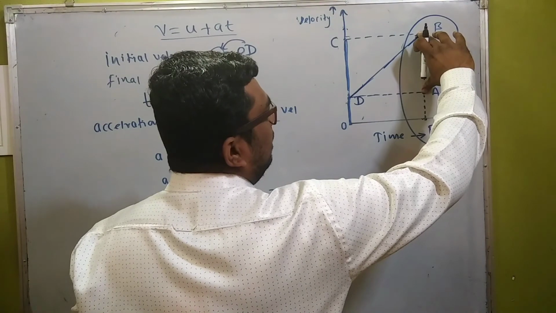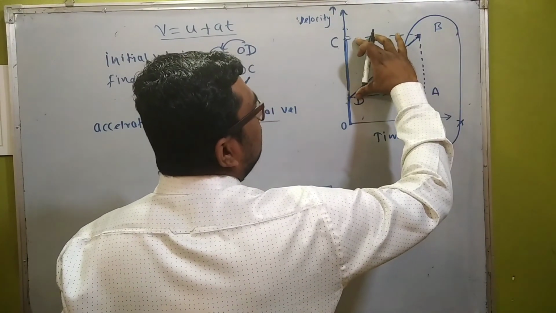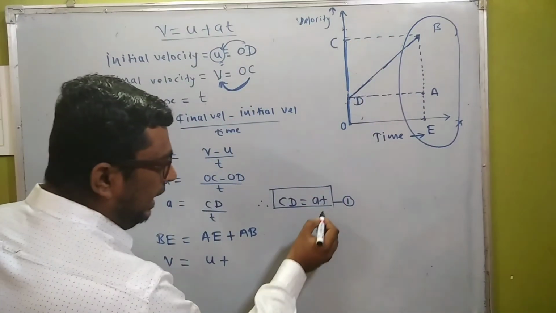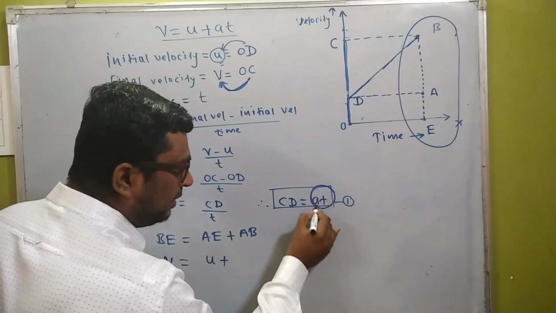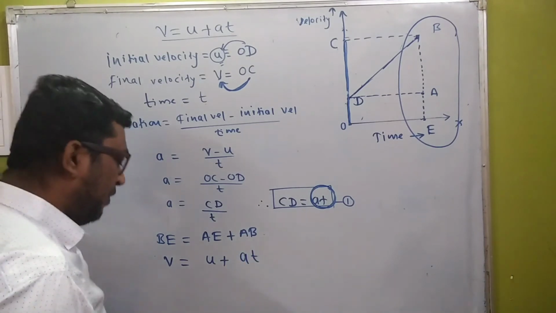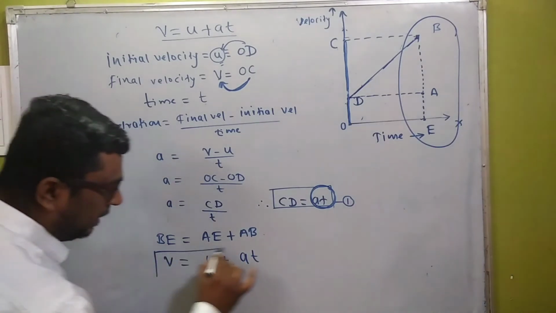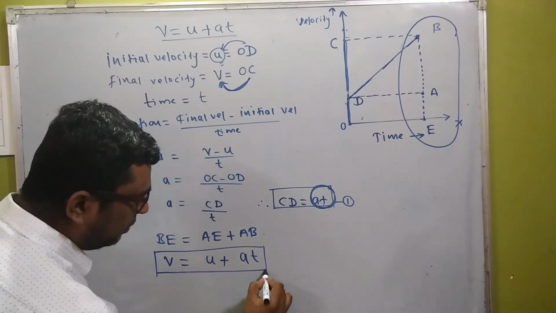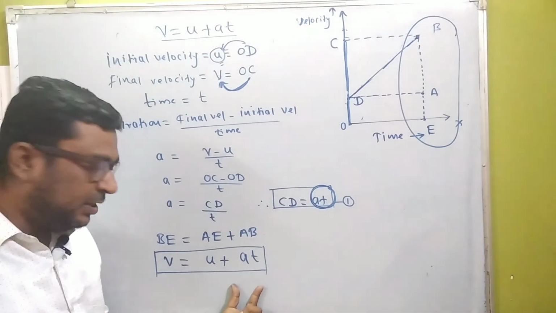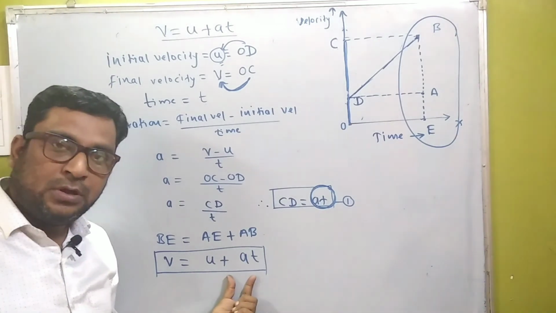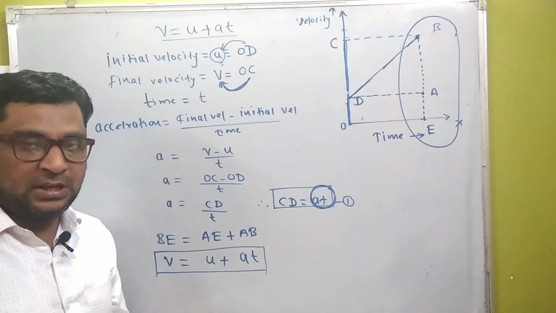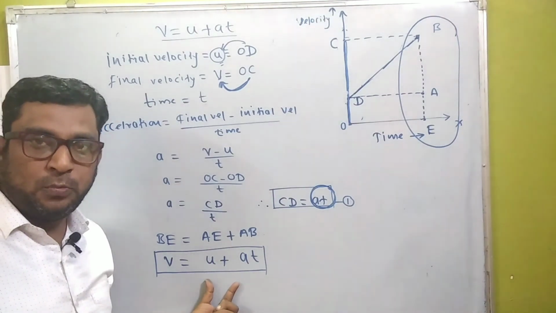This AB is equal to this CD, and CD, as per equation number 1, is nothing but at. And finally we derive Newton's first equation of motion using the graphical method, that is V equals u plus at, also called the kinematical first equation. V is equal to u plus at.